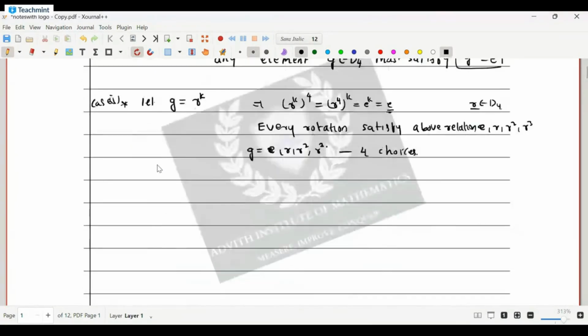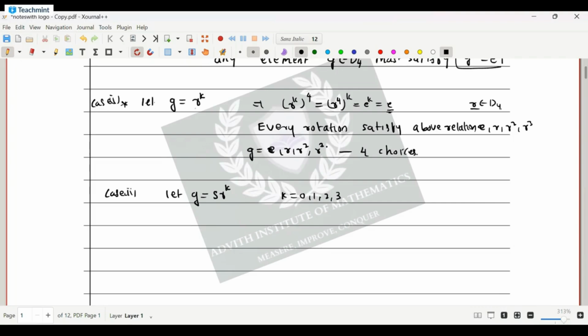Now consider case 2. Let G is equal to reflections. Reflections are in the form SR power K, where K is equal to 0, 1, 2, 3. Right, sir? But we know that all the reflections are of order 2, kada.